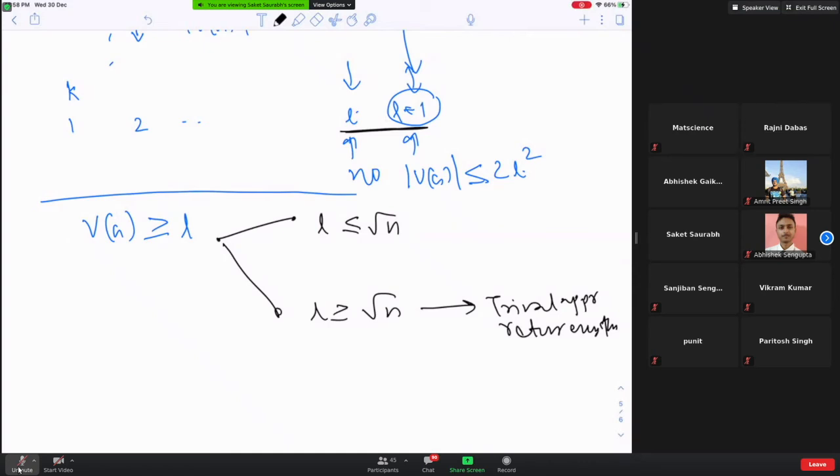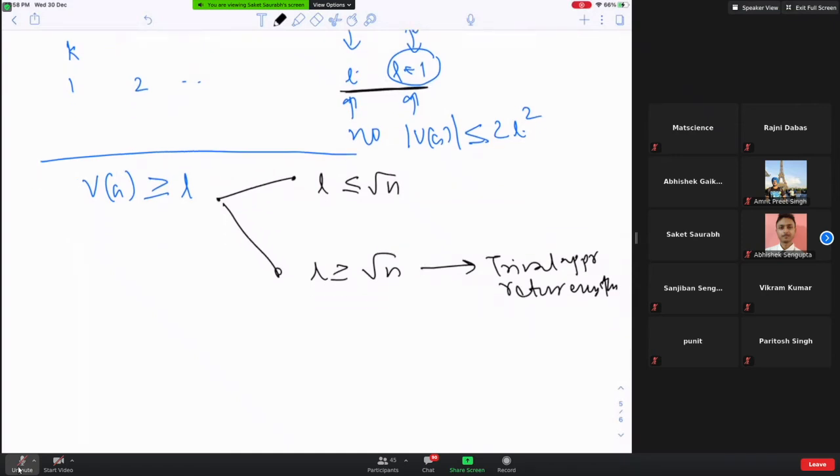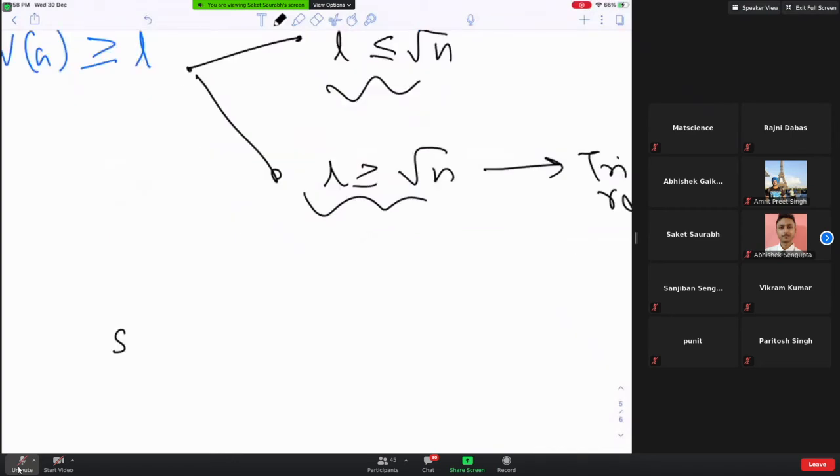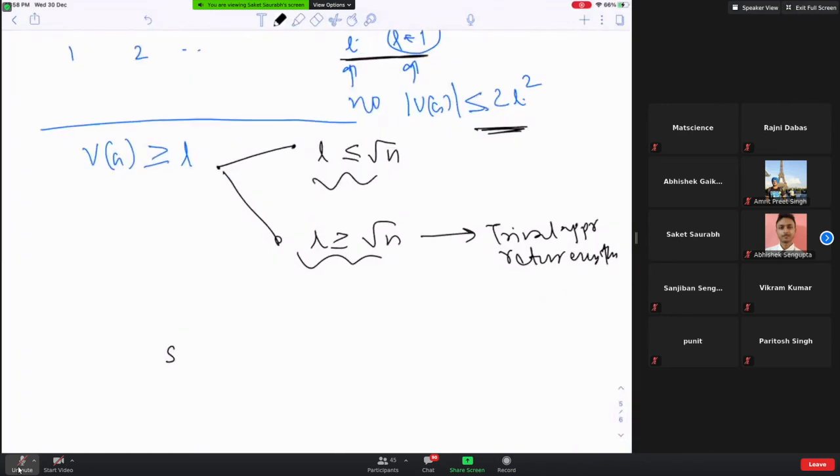But there is something very beautiful happening here. For example, either L is greater than or equal to root n, or L is less than root n. Now, what is the solution size I'm going to return? Let's look at what solution we are returning.